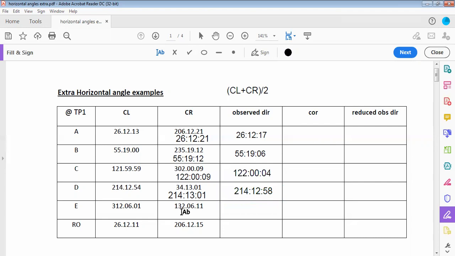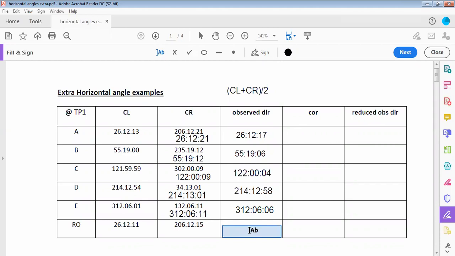This one we have to add 180 again. So we get 312, 06, 11. The answer we get is 312, 06, 06.